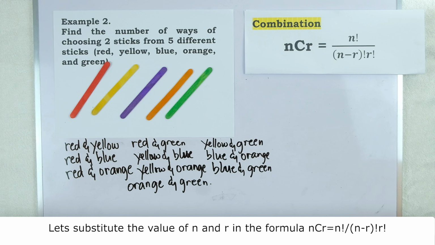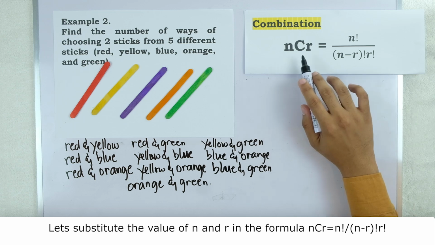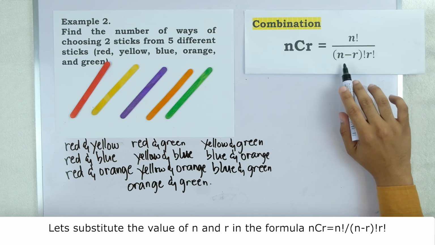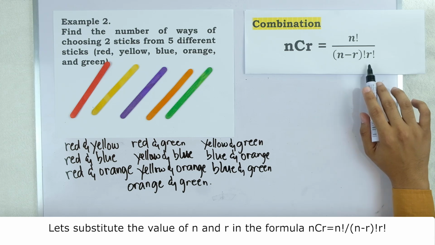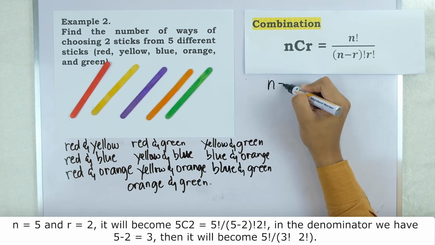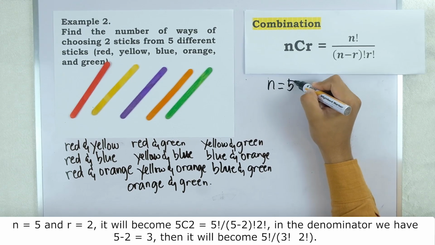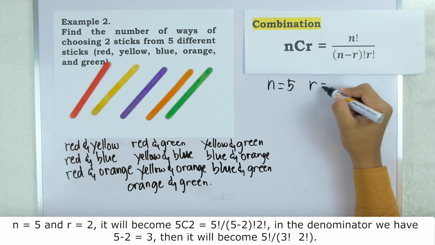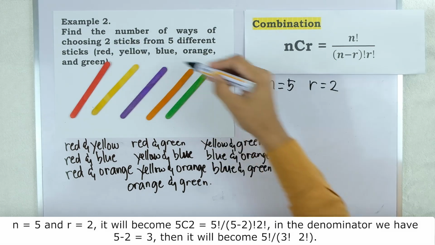Let's substitute the values of n and r in the formula. N choose r is equal to n factorial over n minus r factorial times r factorial. N is equal to 5 and r is equal to 2.